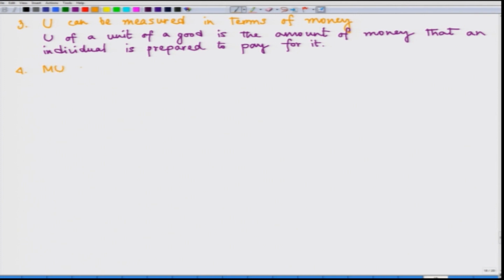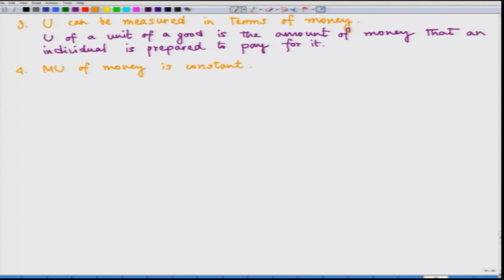Now, let us move to the fourth assumption and a very critical assumption, and that is marginal utility of money is constant. What is the implication of this assumption? This is a very critical assumption, because we have just seen that Marshall is using money as a measuring rod of utility. So, it is important to fix that measuring rod.